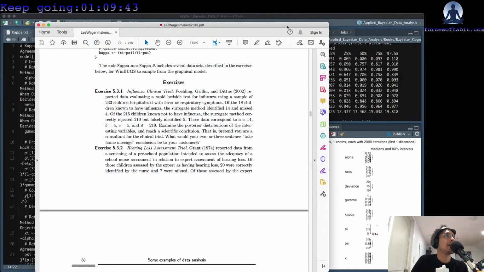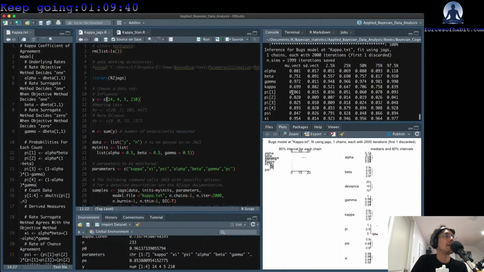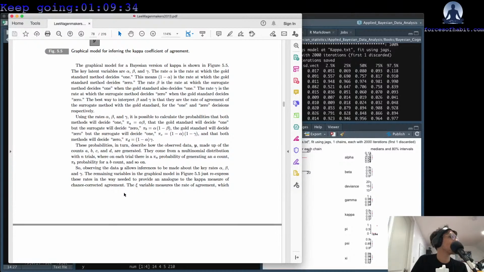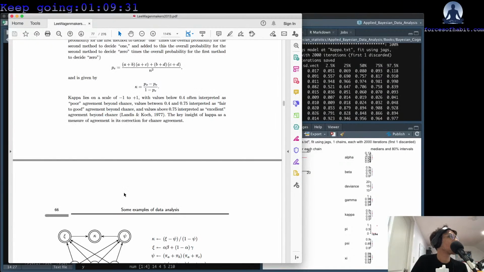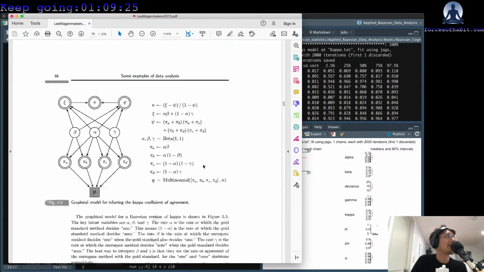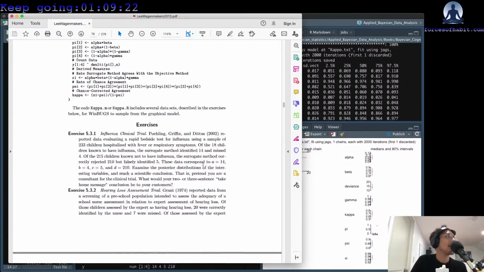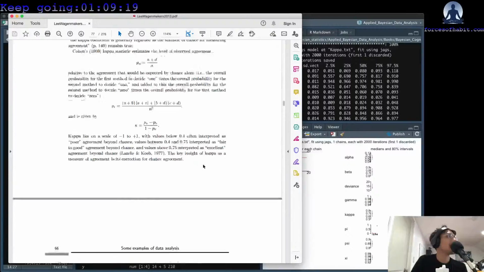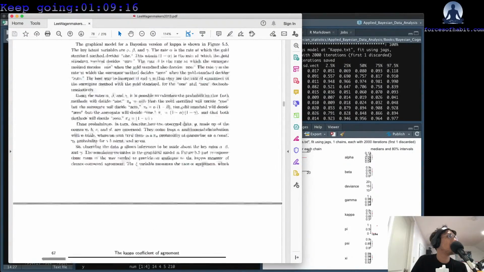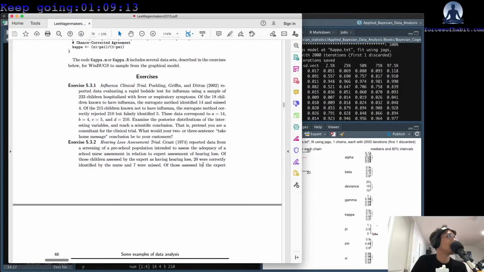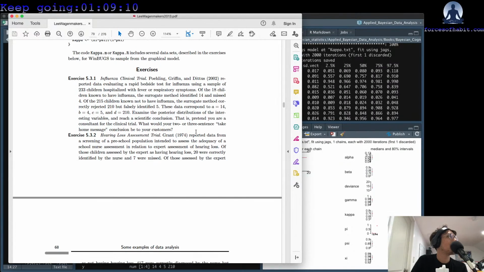So my take-home message would be that we have fair to good, leading on excellent agreement across the abilities of the 2 methods to evaluate influenza.